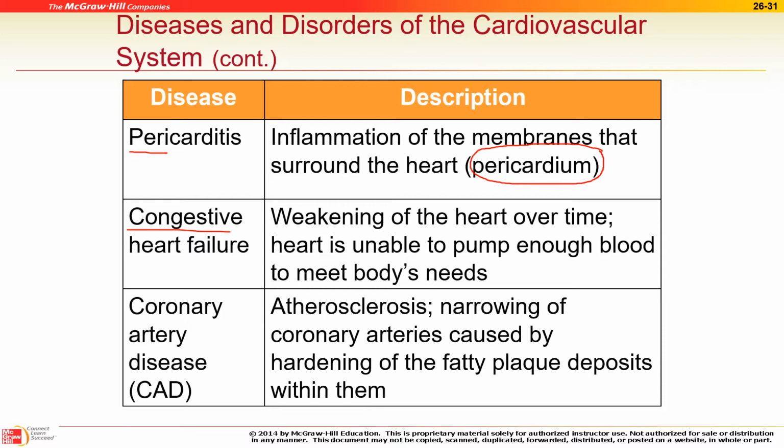Congestive heart failure. Just like traffic congestion, we can tell which side of the heart has congestion based on the symptoms. Let's say the right side of the heart has congestive heart failure. Where's all the blood backing up? Yeah, so this is where you'll find all the water retention.